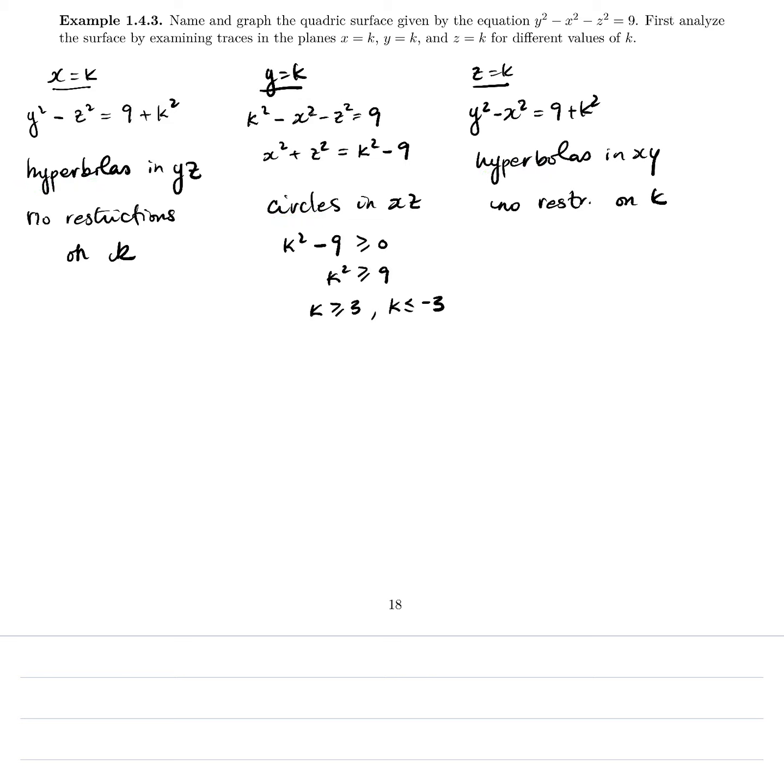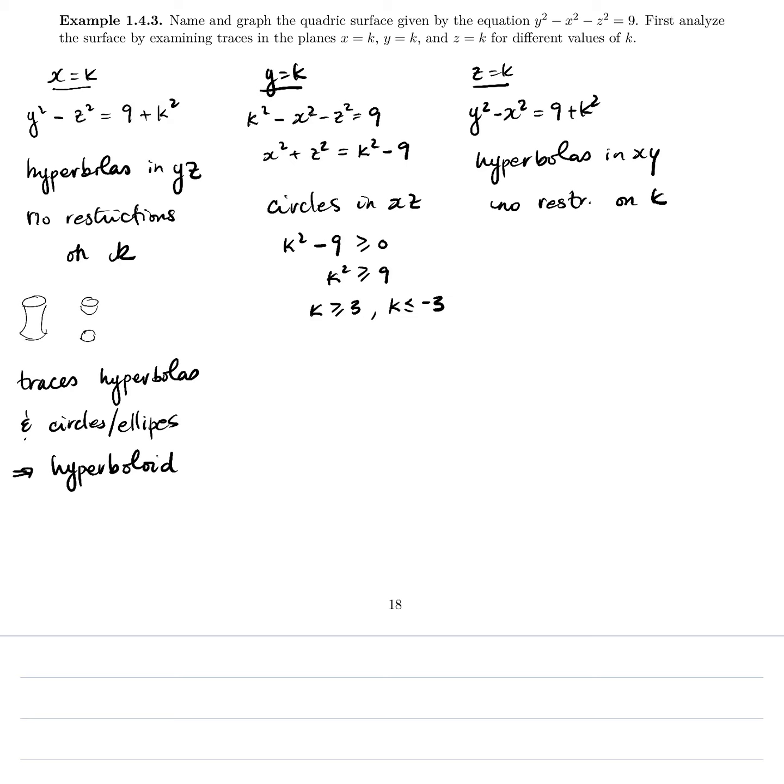So if we examine the kinds of traces that we have, hyperbolas and circles, or hyperbolas and ellipses, that tells us that we have a hyperboloid. Now, if we remember, the hyperboloid came in a couple different varieties. We had the hyperboloid of 2 sheets and the hyperboloid of 1 sheet.